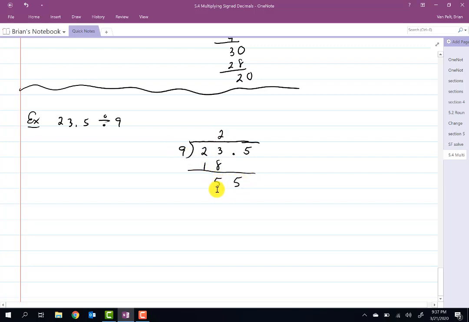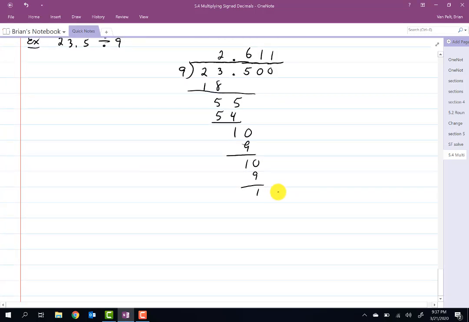Oh, let me put the decimal here. 9 goes into 55 6 times. And I'll put a 0 after the 5 and bring down that 0. 9 goes into 10 1 time. And now I'll bring down my 0. 9 goes into 10 1 time. Well, you can see this is going to go on forever.